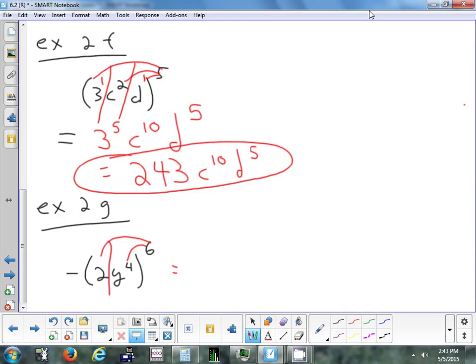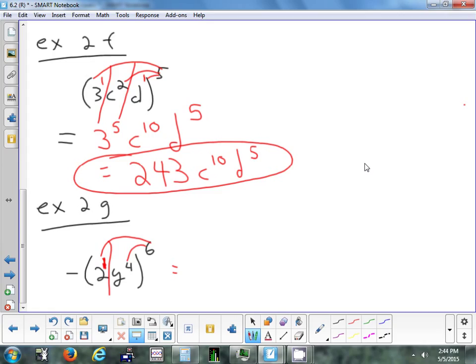The 4 here. Like we said, if there's no exponent, we're just going to put a 1. We're just going to put a 1 there, and then we should be in good shape.